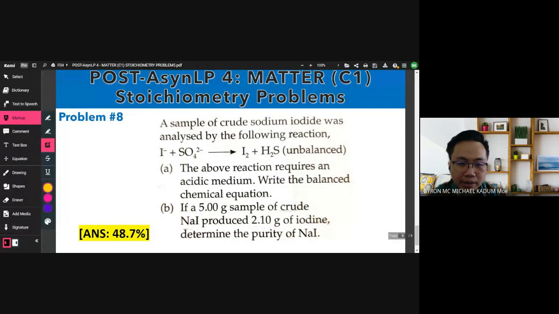Tapi so far saya tengok macam ini adalah benda yang masih boleh dibincangkan menggunakan soalan ini. So, in acidic medium, so you have to write the balanced chemical equation. So, how do you do this? Again, kita akan buat DBC Auceto. Okay, so it's very, very simple.